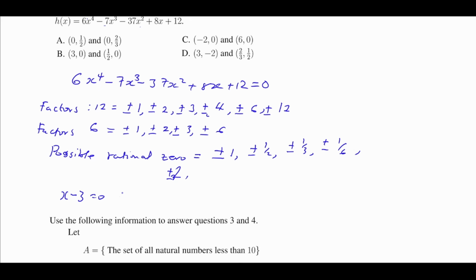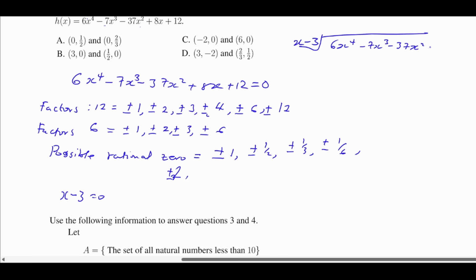And so I'll use x minus 3 to divide whatever we have there, that is 6x^4 minus 7x cubed minus 37x squared plus 8x plus 12.